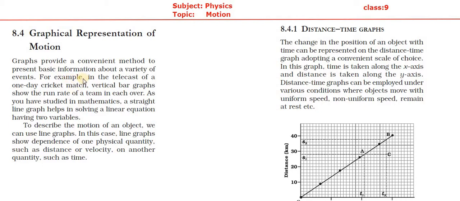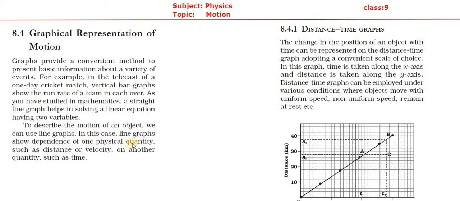So here, for the telecast of the one-day cricket match, the vertical bars show the run rate of a team in each over. As you have studied in mathematics, a straight line graph helps in solving a linear equation having two variables. To describe the motion of an object, we can use line graphs.